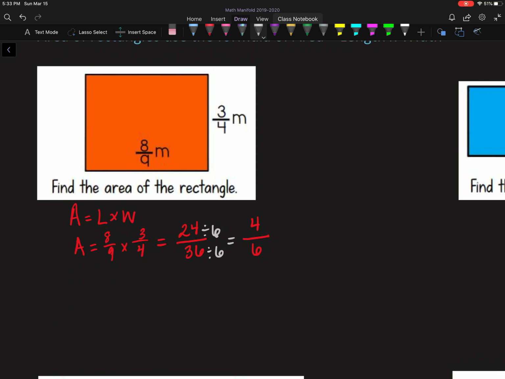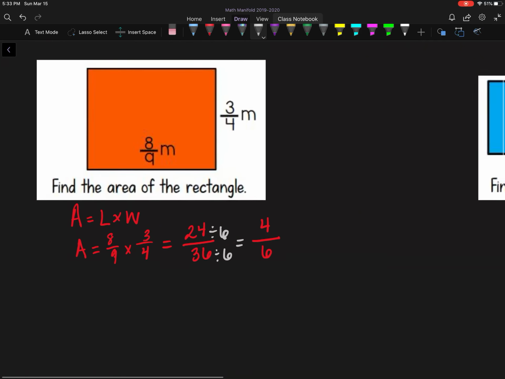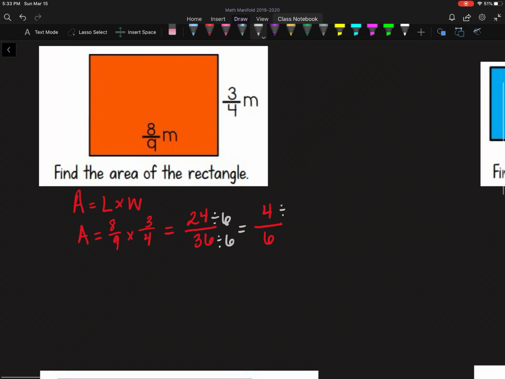Well, they're both even, so I can't stop here, meaning they had a larger factor in common. I know that they both have factors of 2. So 4 divided by 2 is 2, and 6 divided by 2 is 3.